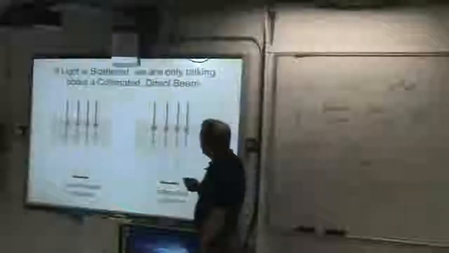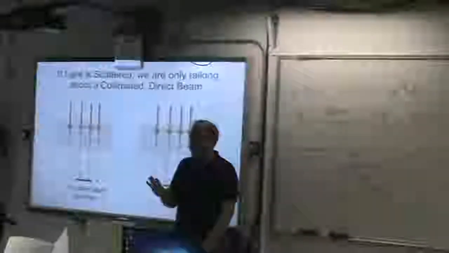We're going to be talking about a direct beam only. Here I have light coming through a material to a detector. But light can also scatter off the material, and some of that scattered light may hit the detector. We don't want to be dealing with that.